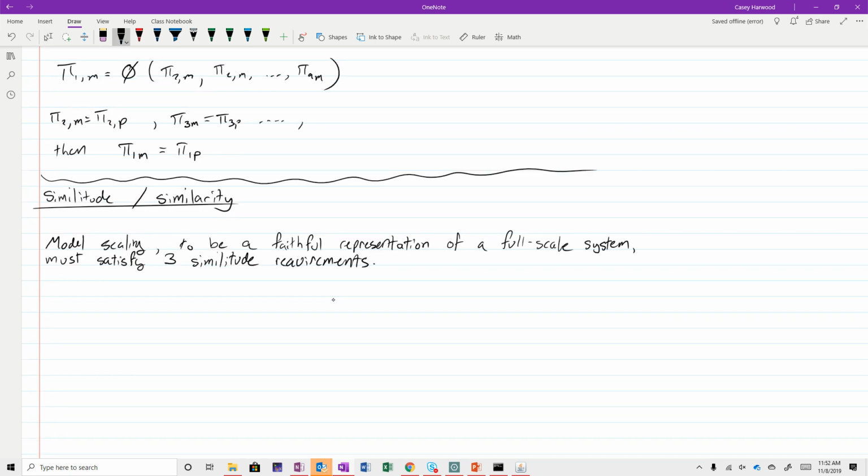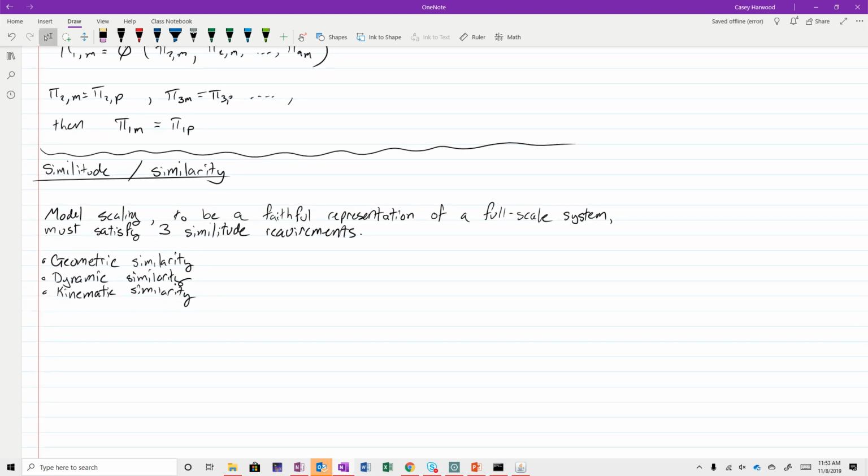Those are geometric similarity, dynamic similarity, and kinematic similarity. Okay, and if all of these similarity conditions are satisfied, then you can say that similitude of the problem has been achieved.